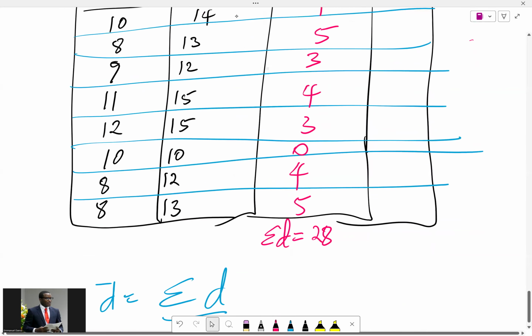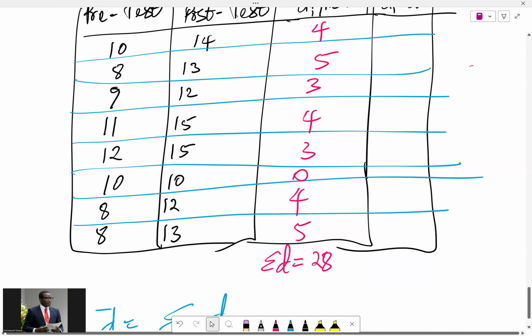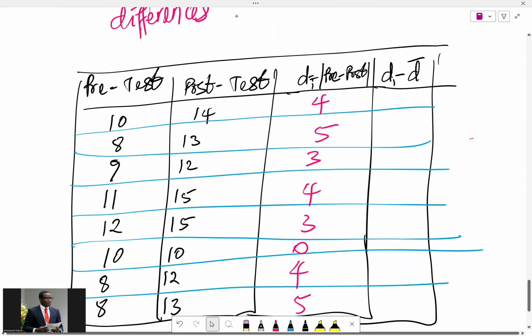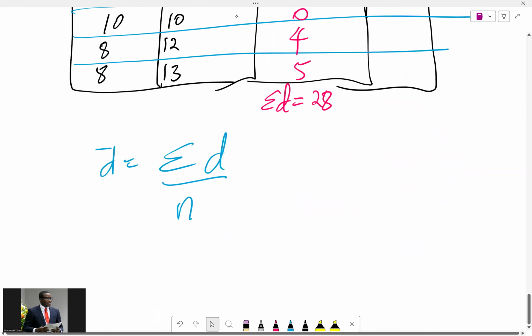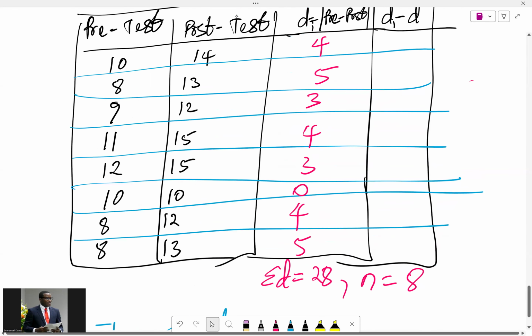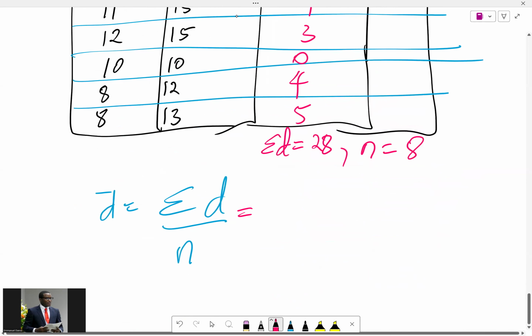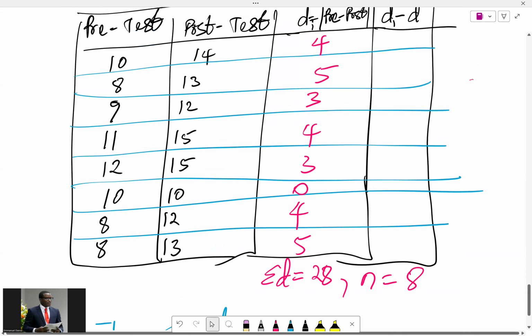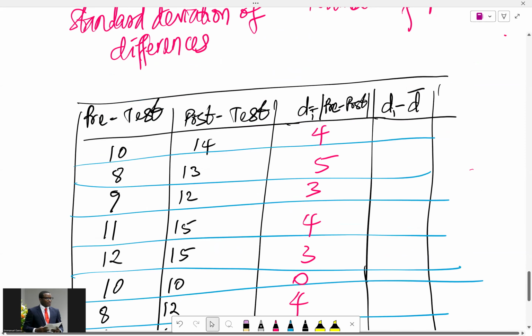Let's do that again. 9 plus 7 is 16. Plus 3, 19. Plus 9 is 28. And of course, N is the number of points we have. That's 8, right? So this is equal to 28 over 8, which is 7 over 2. And that is simply 3.5. This is D bar, 3.5.